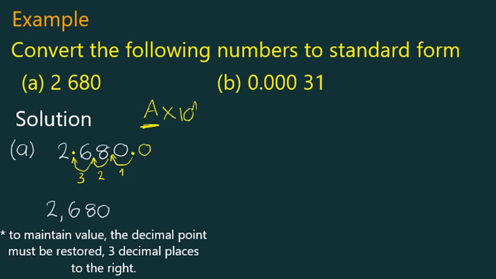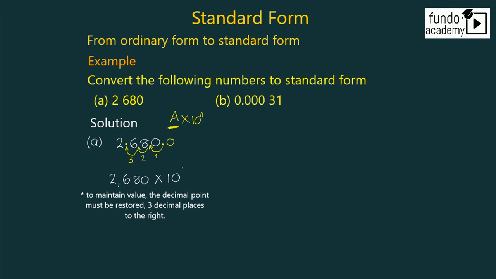Since I'd moved 3 decimal places to the left, I have to restore it back 3 decimal places to the right. That is done by multiplying by 10 to the power of 3, because if I multiply by 10 to the power of a positive 3, that means the decimal point is being restored 3 decimal places to the right where it was.